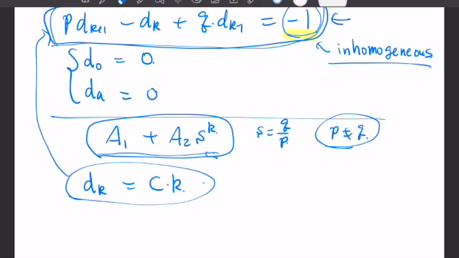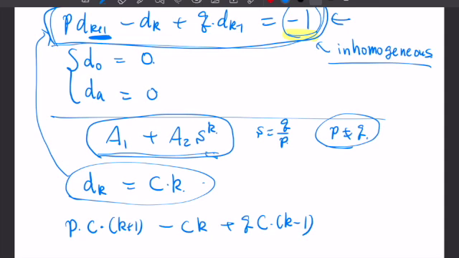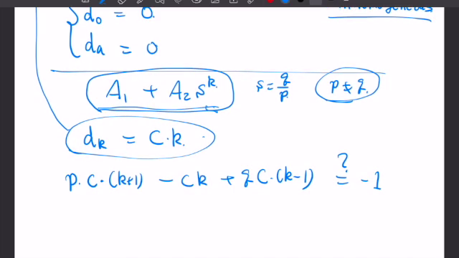Let's substitute: p times c(k+1), because this is k plus 1, minus ck, plus q times c(k-1), because this is k minus 1. And is this equal to negative 1? Let's check.